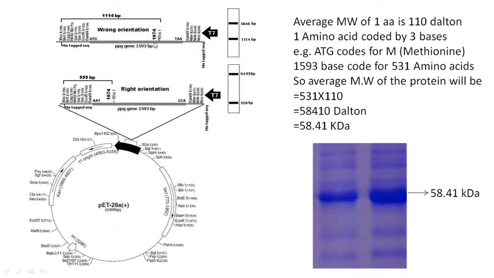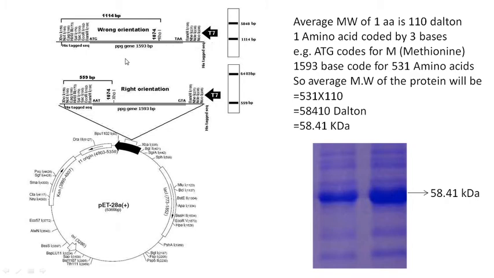When it is cloned in the wrong orientation, the terminator codon, this is TAA, is near your promoter region. So when the gene is cloned in this wrong orientation, it will not produce the protein, because it will terminate before it starts.